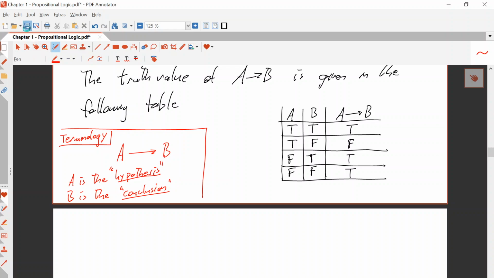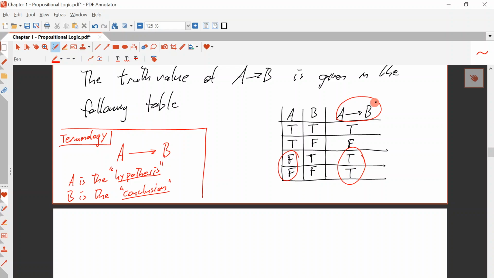So basically, an implication is true if the truth of the hypothesis implies the truth of the conclusion. The only time it's false is if the hypothesis is true and the conclusion is false. These are important. If the hypothesis is false, the implication is true.